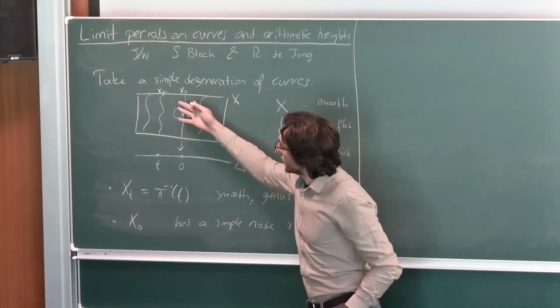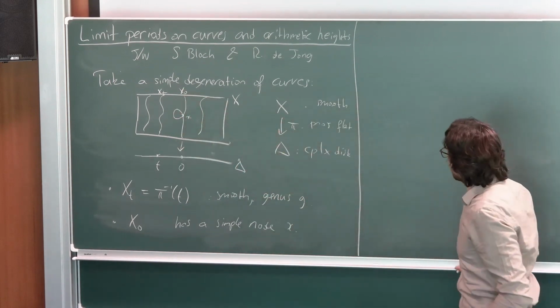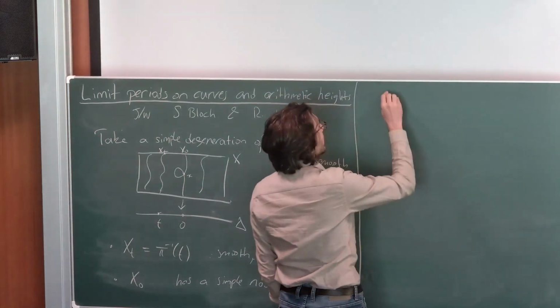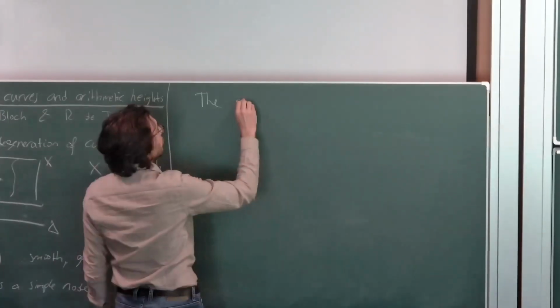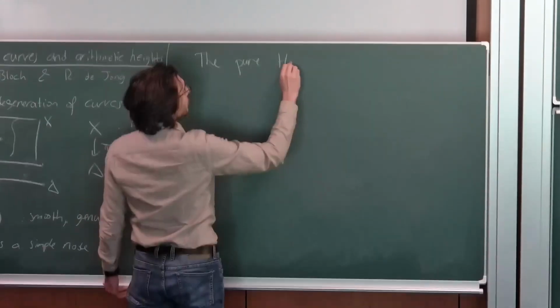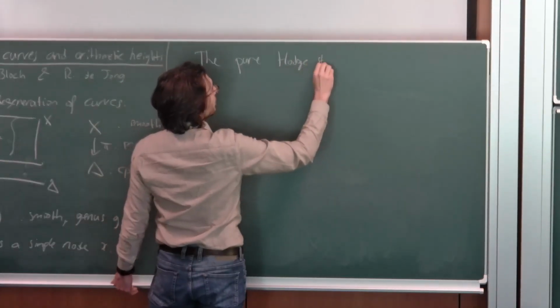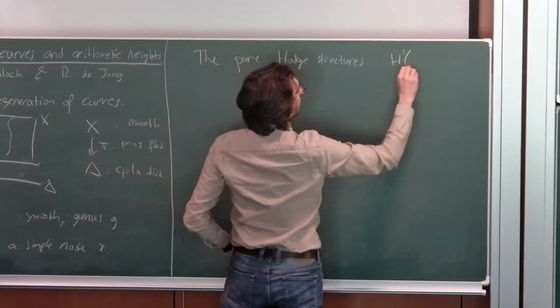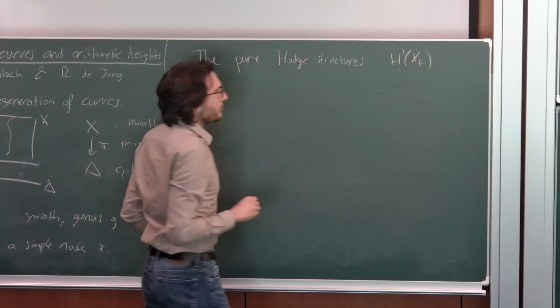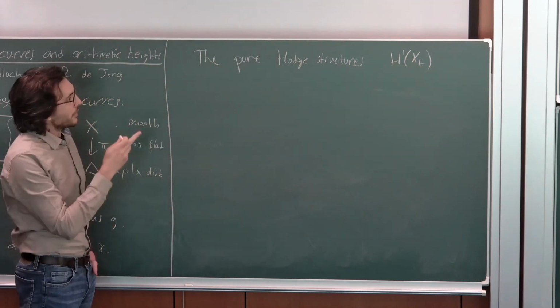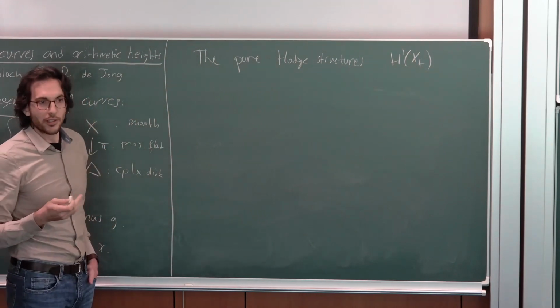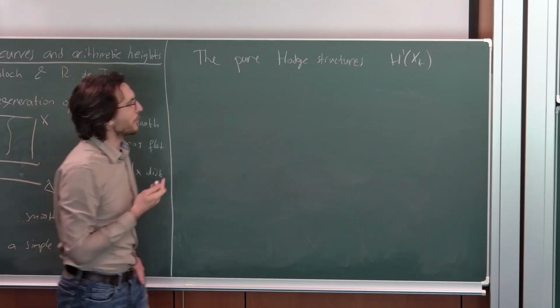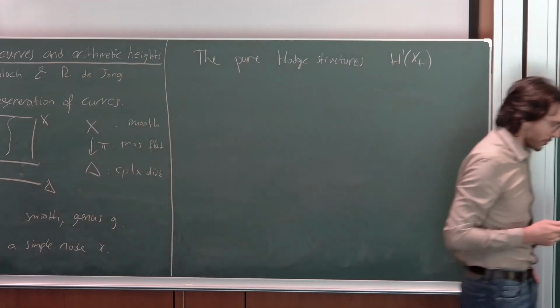of the nearby fibers around the origin. So we have these pure Hodge structures. And these pure Hodge structures have a limit. There's something called a limit mixed Hodge structure.